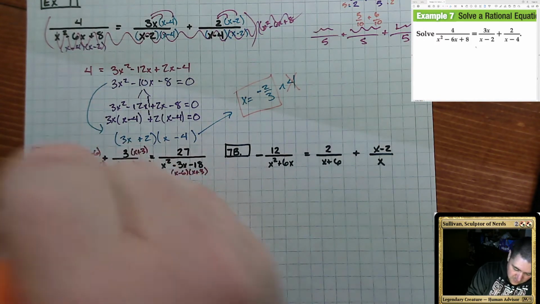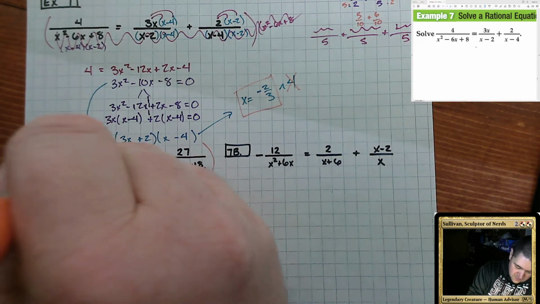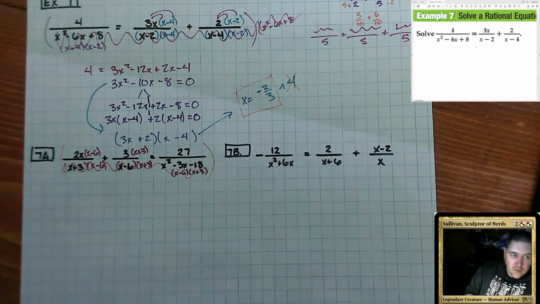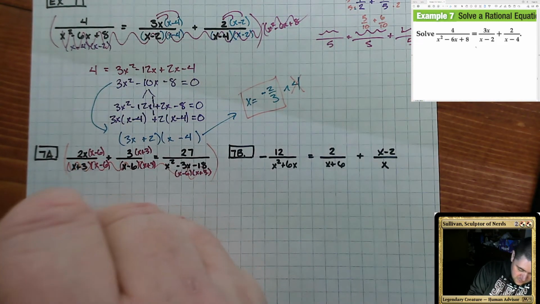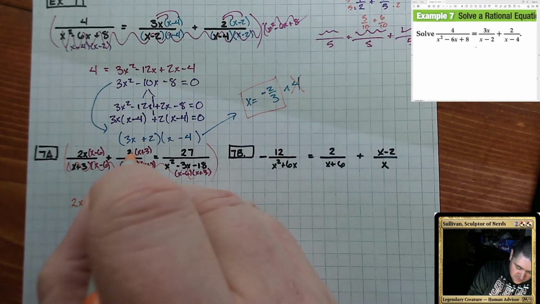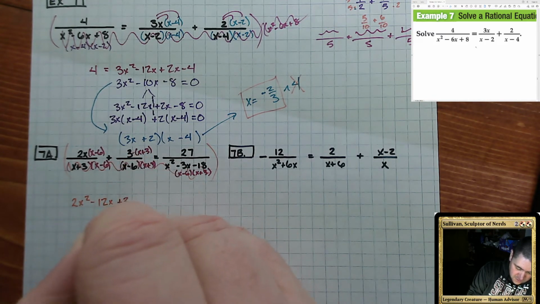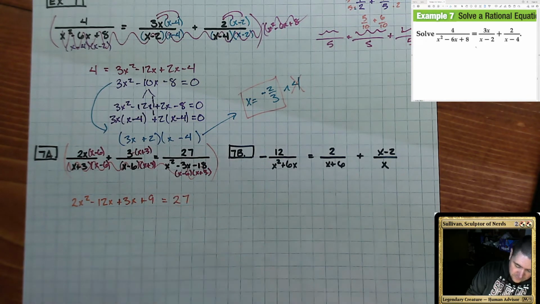So, if I were to multiply the whole honkin' thing by that quadratic, my denominator is now going to peace out. And I'm left with 2x squared minus 12x, distribute, 3x plus 9 equals 27.